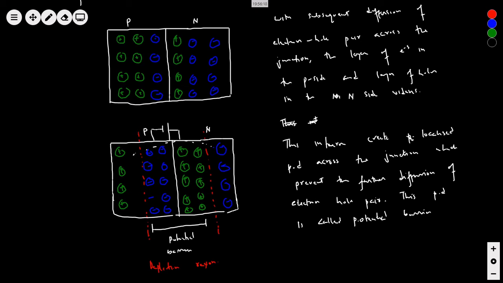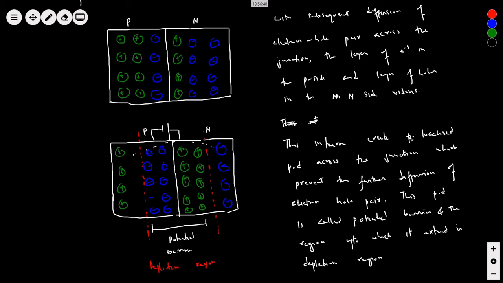And the region up to which it is active, up to which it extends, is called the depletion region. So this is called the depletion region.